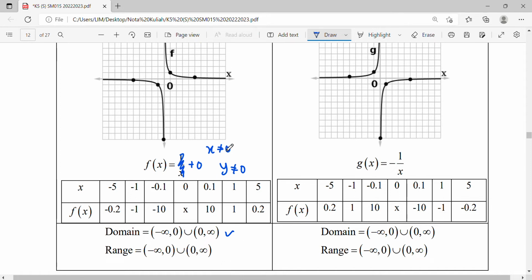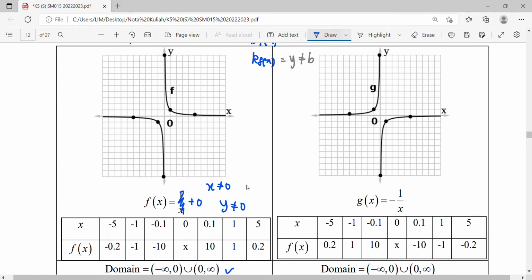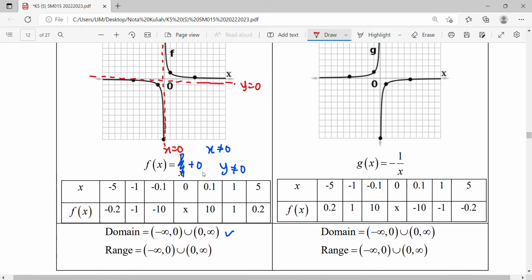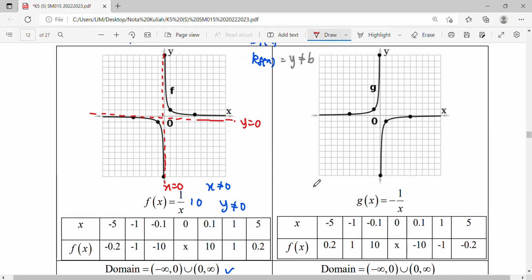So what happened to the value of 0? This 0 is the place of our asymptote. So this is our asymptote, Y0, X0. An asymptote is a line that the graph will never touch; it will only go close to it. And we look at our graph. If our rational is positive, it will occur in quadrant 1 and quadrant 3.